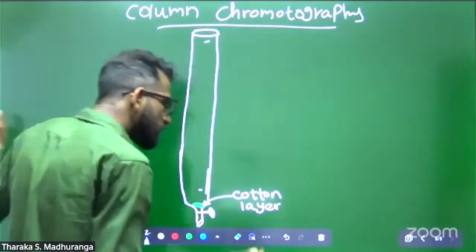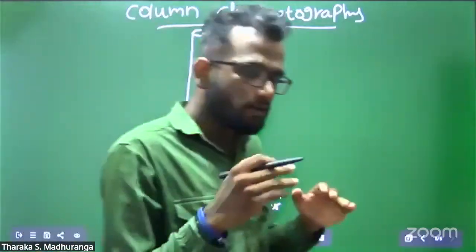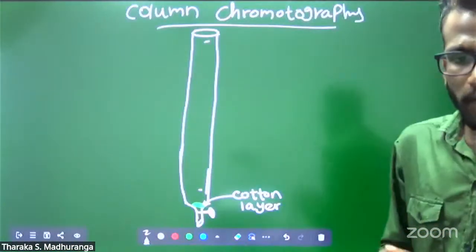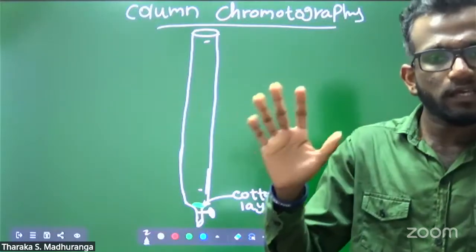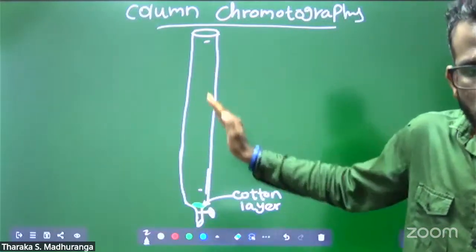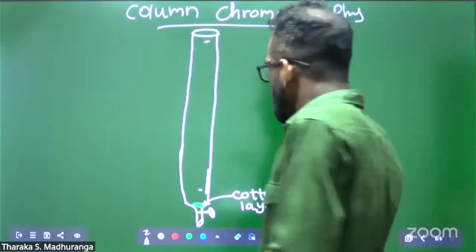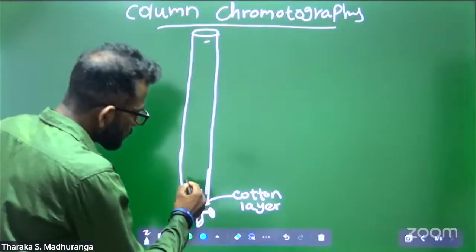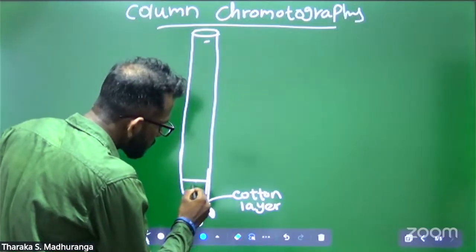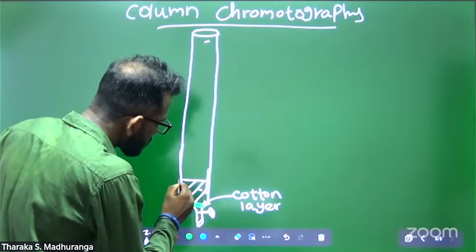Each layer, you should know the reason. I will explain later. First of all, identify the first layer: a small cotton layer you need to add for this column. As the second layer, you need to add about 5 centimeter.